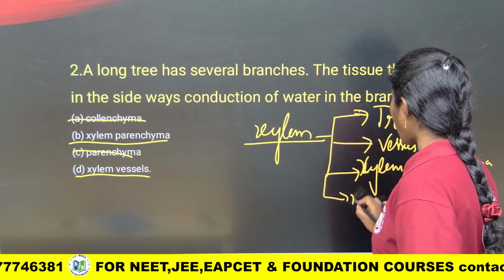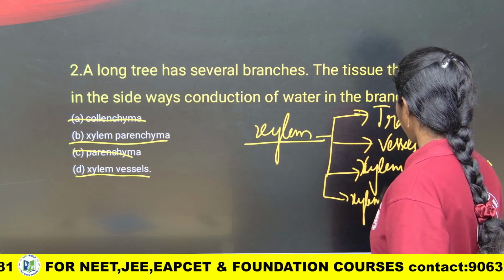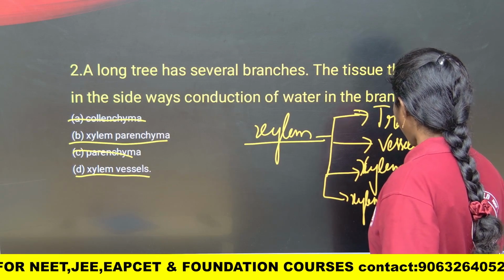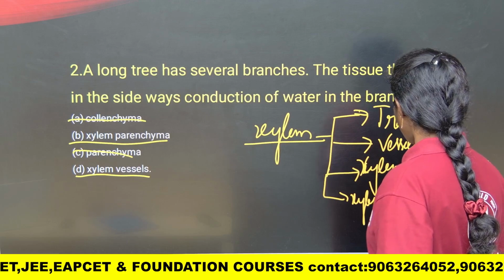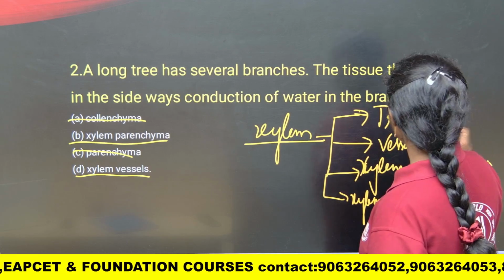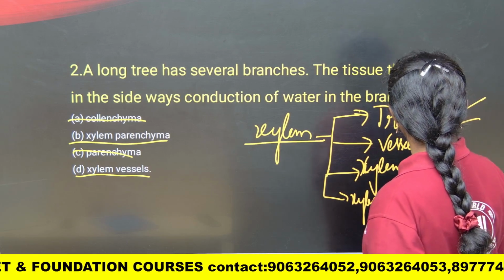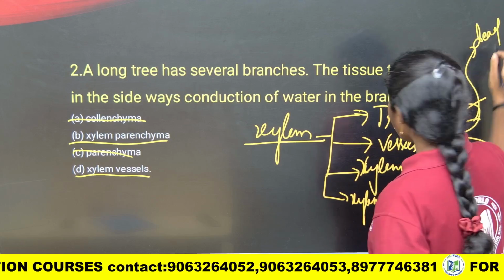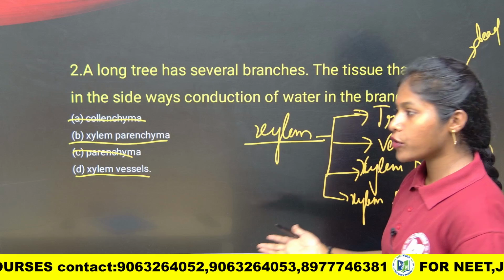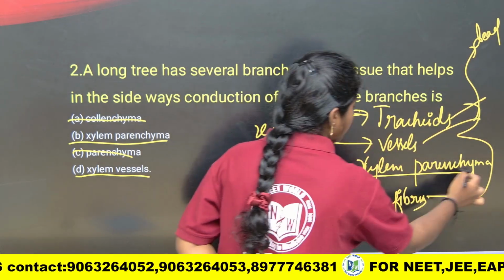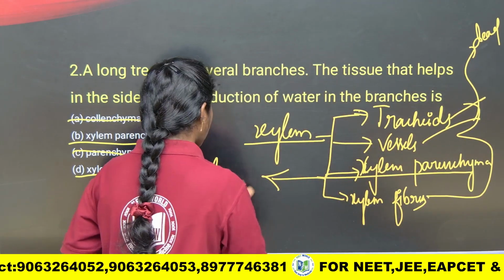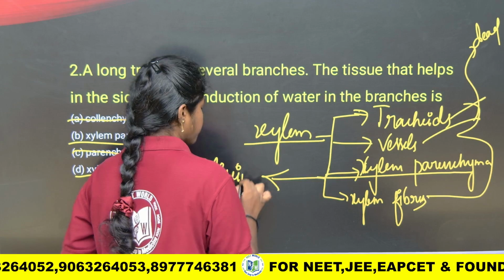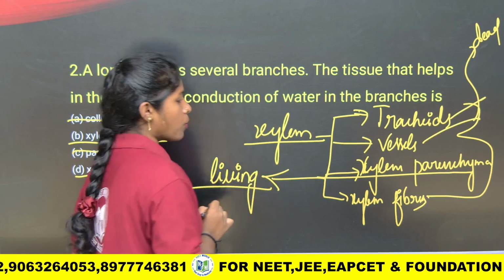Why is xylem tissue almost dead? Because tracheids, vessels and xylem fibers, these 3 are dead tissues. The only living tissue among the xylem components, children, is the xylem parenchyma, right?